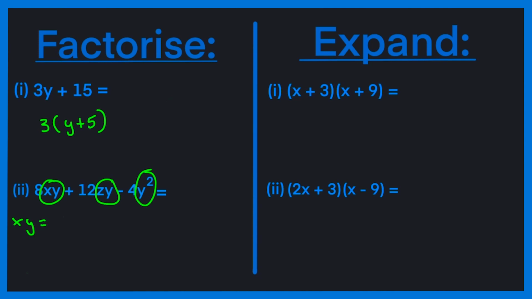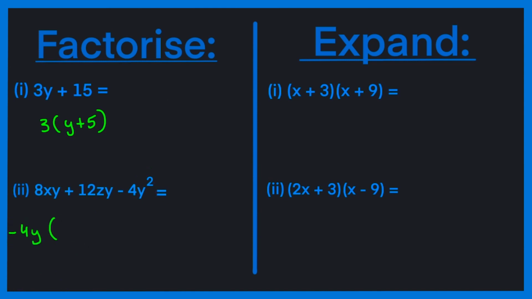Well, we know xy is x times y, and we know zy is z times y. y squared also is y times y. So what we can do here as well is take out a factor of y, since all of these terms right here are divisible by y. So take out a factor of minus 4y.